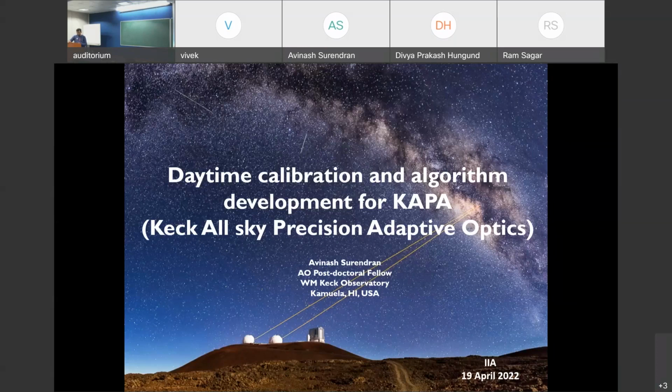After his PhD, he was at IUCAA as a postdoctoral fellow in 2018-19, and from 2019 onwards he has been at Keck Observatory as a KAPA fellow, which is the Keck All Sky Precision Adaptive Optics Postdoctoral Fellowship.